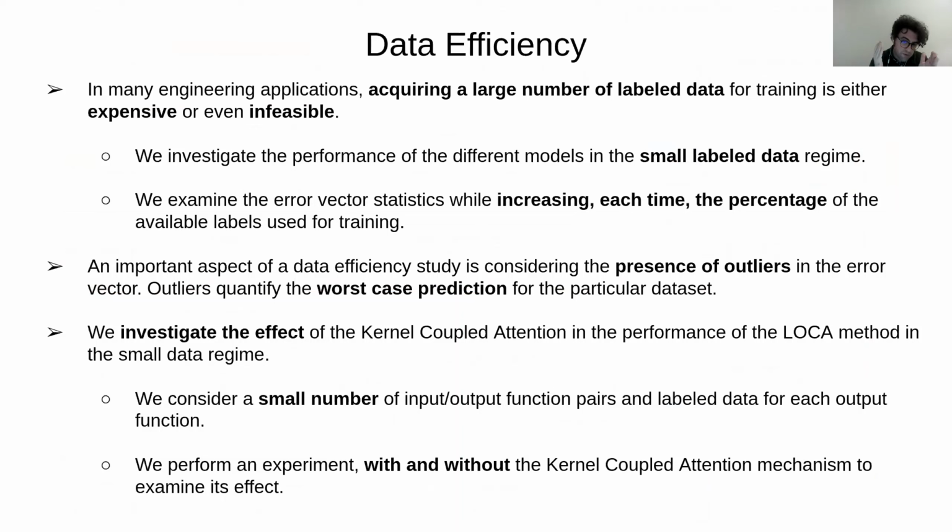We will start with a very small percentage, and then we will go up to the whole labeled data. Now we need to care for two things. The first thing is obviously the median error, but the second thing is the presence of outliers, which means the worst case scenario prediction in the particular dataset, which is very important because it's the worst we can do.